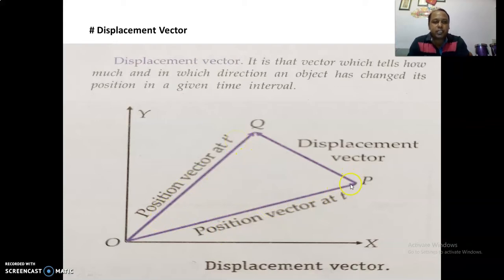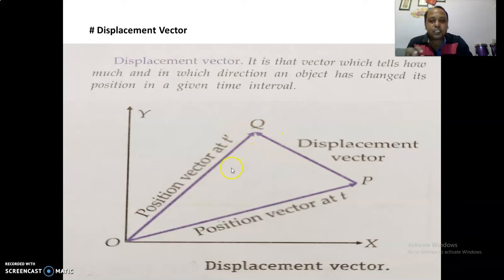Now initially the object is present at P and finally it is present at Q. So the vector which starts from P, that is the initial position, and ends at Q, which is the final position, represents the displacement vector. Always remember that the position vector starts from the origin, whereas the displacement vector starts from the initial position and ends at the final position.